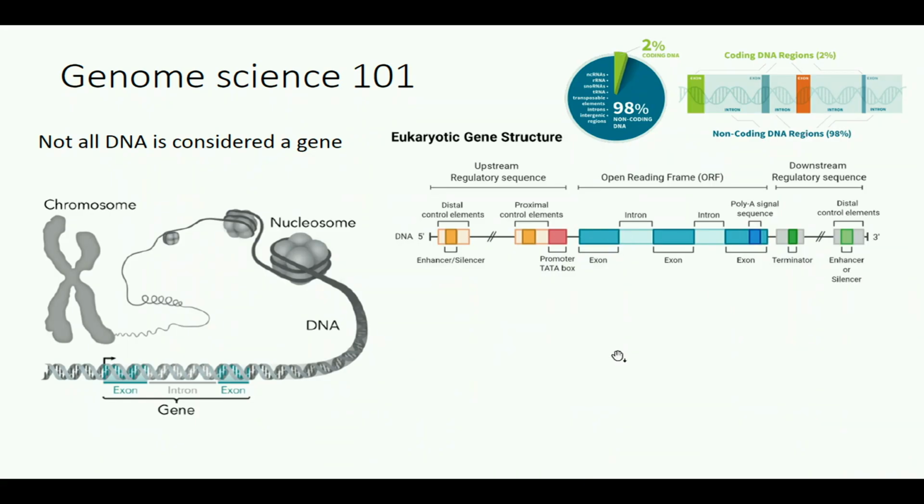On the contrary, there are also silencers, or repressors, which act in the opposite direction of enhancers and try to repress the expression of the gene. Both silencers and enhancers can be located upstream or downstream of the gene, so there is still a lot of complexity here. And there is also the terminator, which signals that transcription should stop.